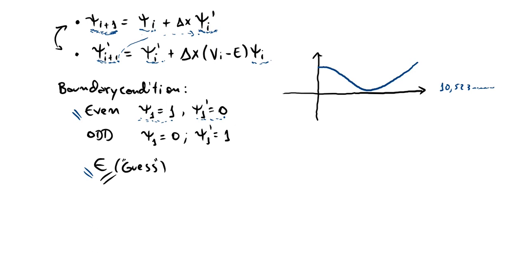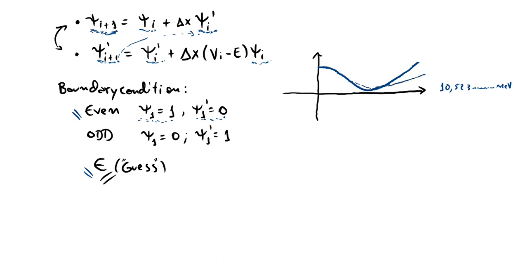This is in milli electron volts, okay? So if you choose energy equal to 9, then it will be something like this. Then if you choose the energy equal to 10, the wave function will be better.